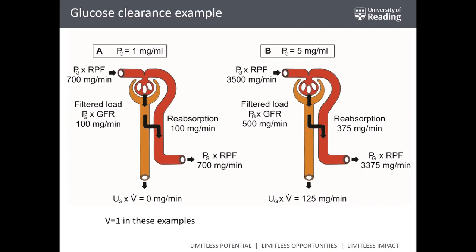The filtered load will be equal to the plasma concentration of glucose times the glomerular filtration rate, so 100 milligrams per minute.